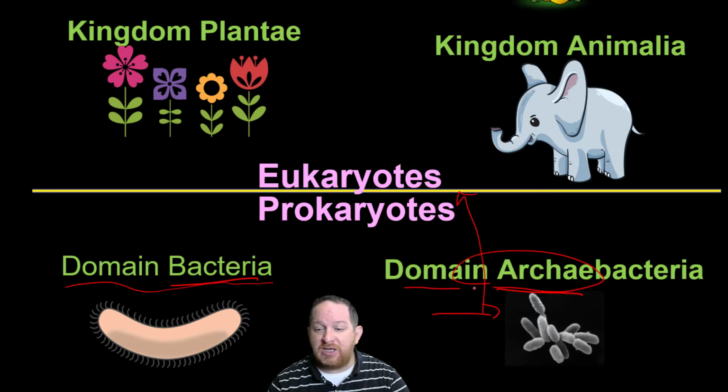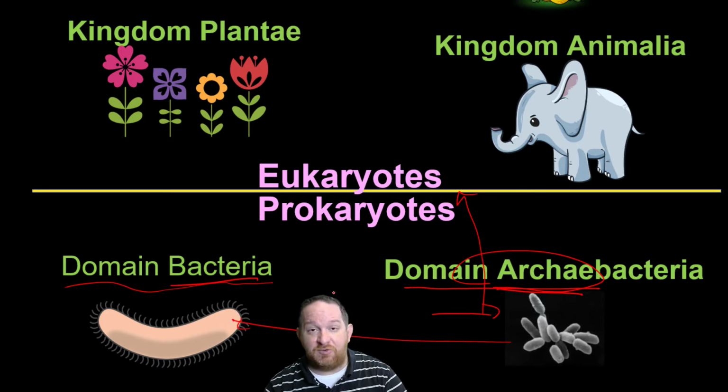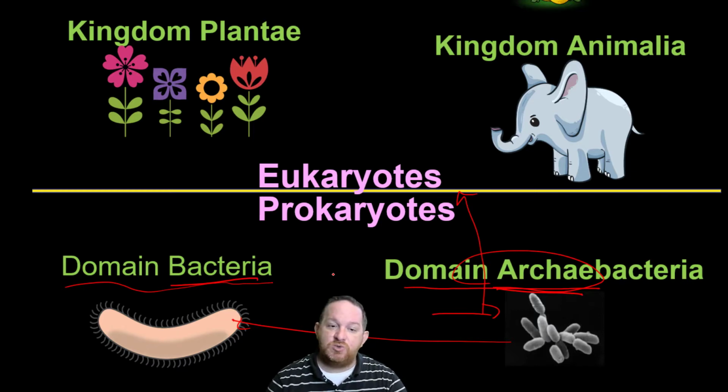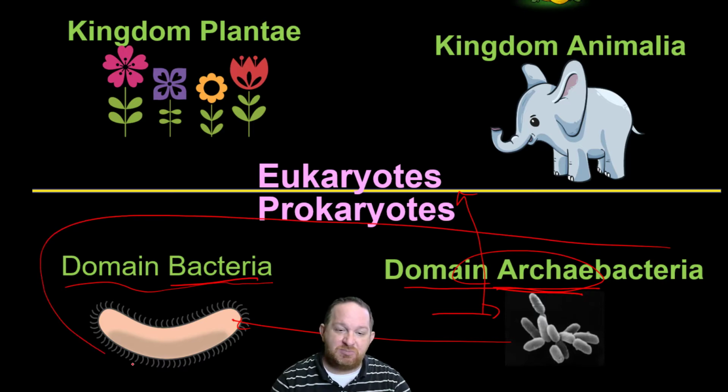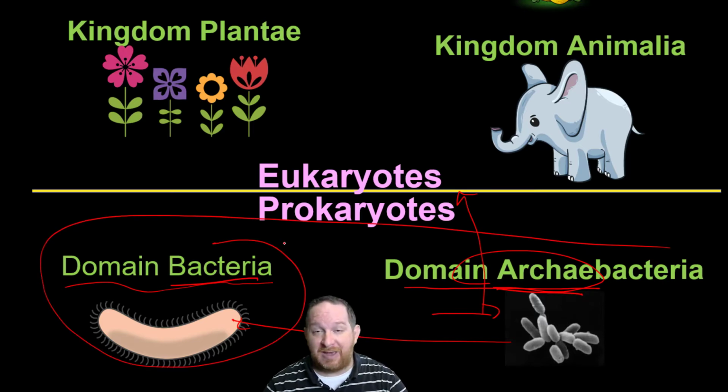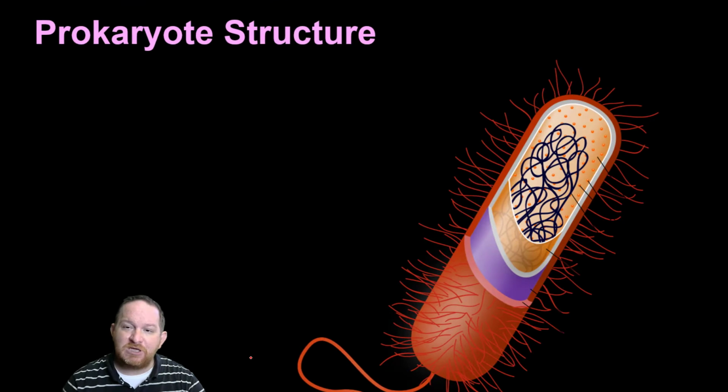So domain archaea, while they may look like bacteria, are actually quite different. So in this video, what we want to do is focus in really on the prokaryotes, specifically domain bacteria. So looking at the prokaryotic structure, let's take a look at some of the main details and characteristics.